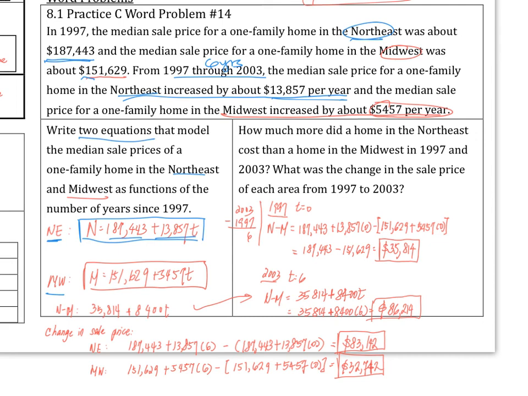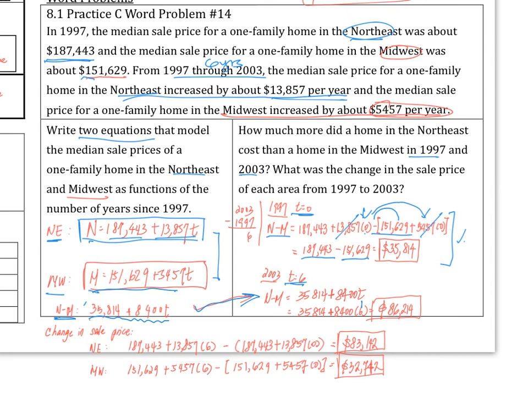Now, I found that this was a little tedious, so I took the function for Northeast and subtracted the function for Midwest to get 35,814 plus 8,400t. And then I took this difference of n minus m and used it here for a period of 6 years.